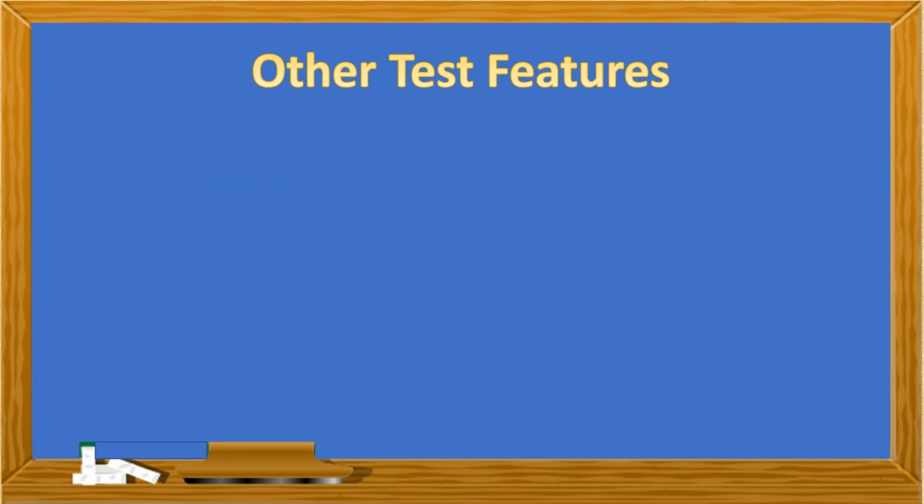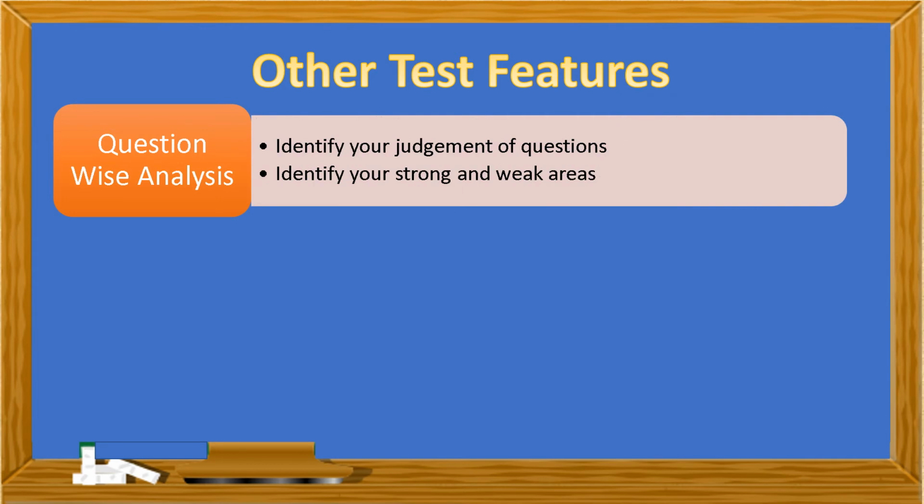Other test features. A mock CAT solution also provides other test features such as question-wise analysis. This helps you identify your judgment of questions, like whether you are able to properly classify a question according to its level of difficulty. Also, it helps you identify your strong and weak areas in each section.